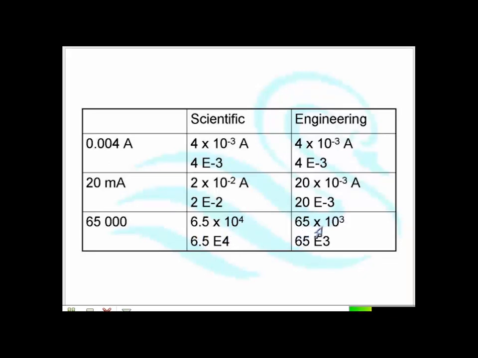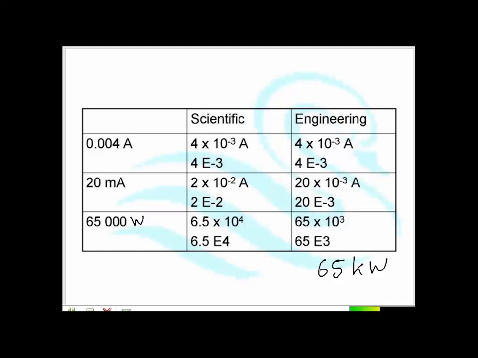Engineering would write it 65 times 10 to the 3, because times 10 to the 3 is thousands, it's kilos. So if that was 65,000 watts, then in engineering, we could easily say, all right, that's 65 kilowatts.